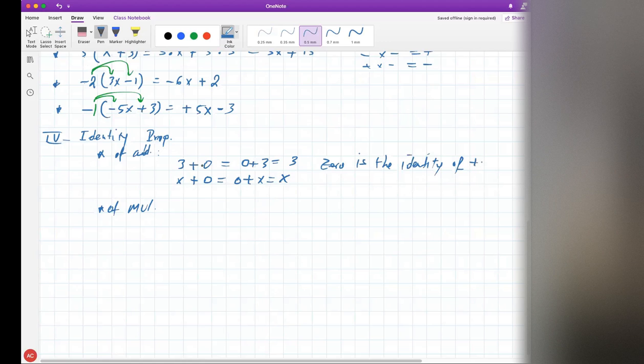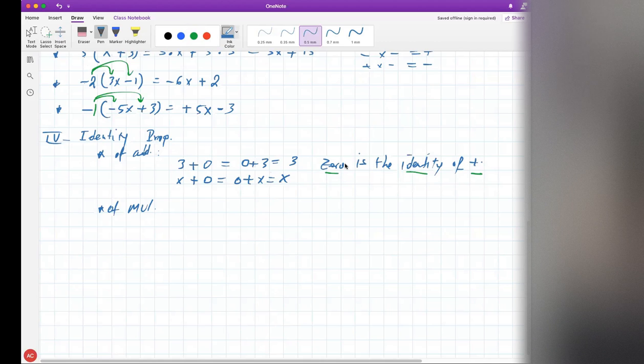Because 0 does not affect addition, we say that 0 is the identity of addition. The identity of what? Of addition, just a plus sign. So 0 is the identity of addition.